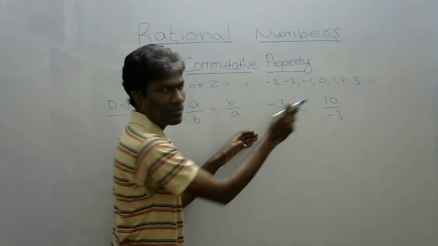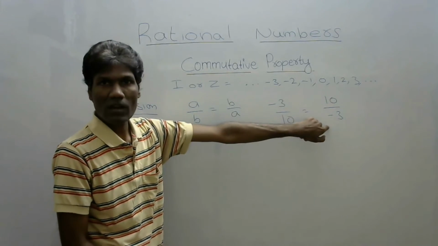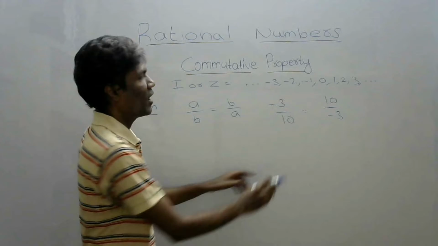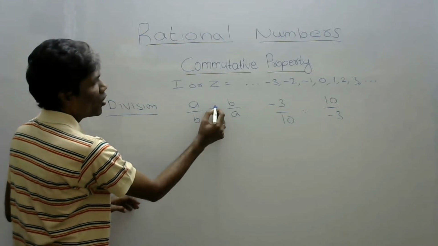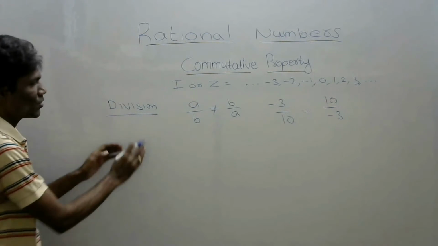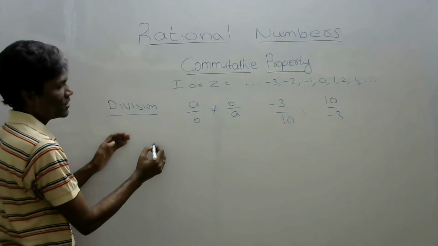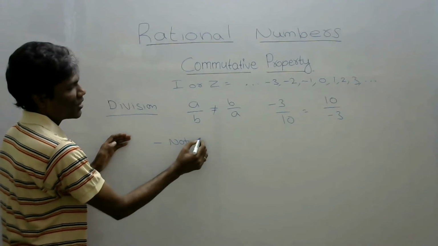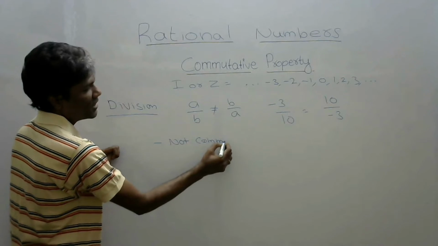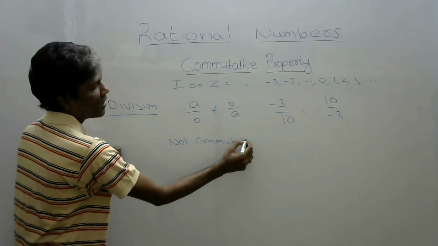Are they equal? No. So a by b is not equal to b by a. So under division, it is not commutative.